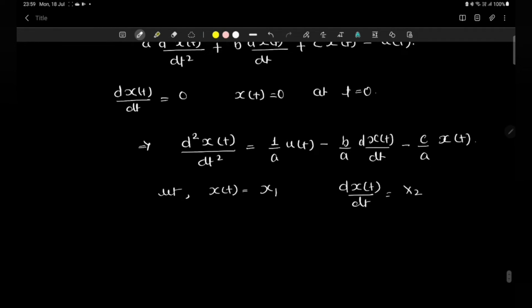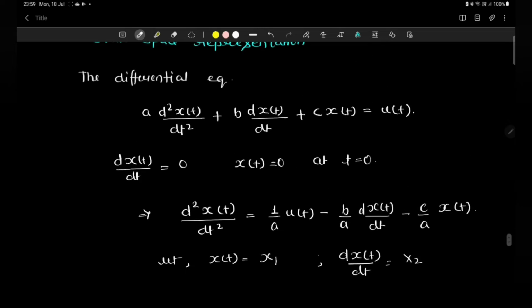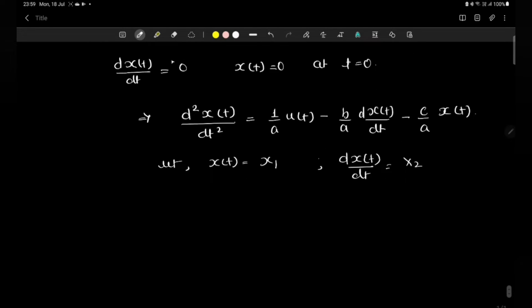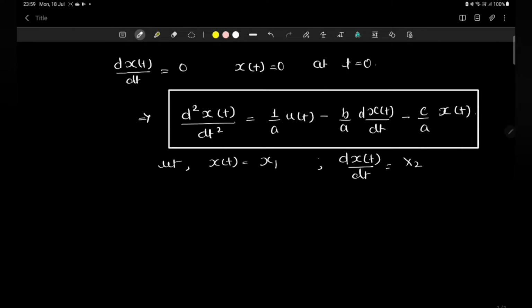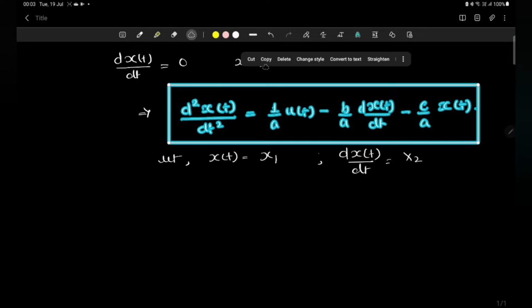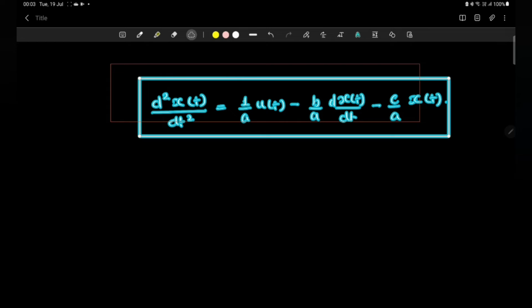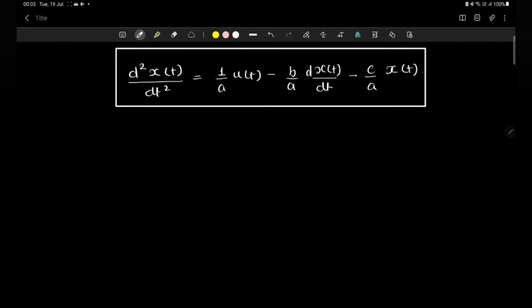So these are the state variables. We take x of t as x1, and dx of t by dt is x2. Now let me draw this equation.